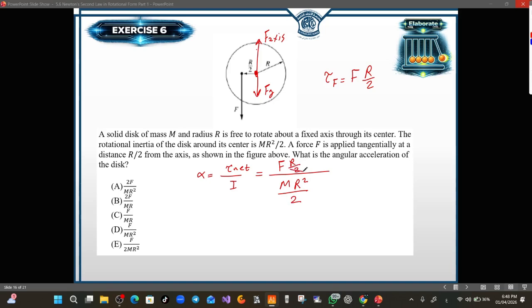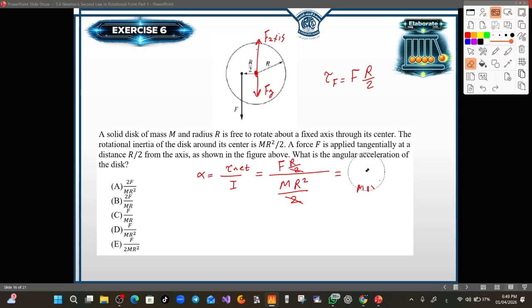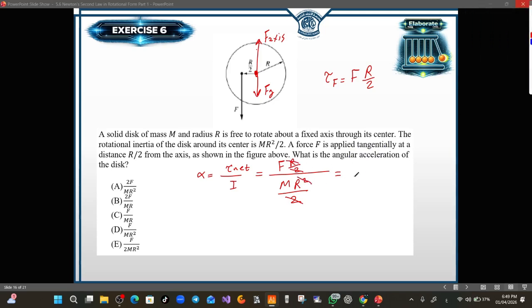Now half with half cancels out, so F over Mr squared, and an r will be cancelled with one r, so F over Mr, which means the correct answer is C.